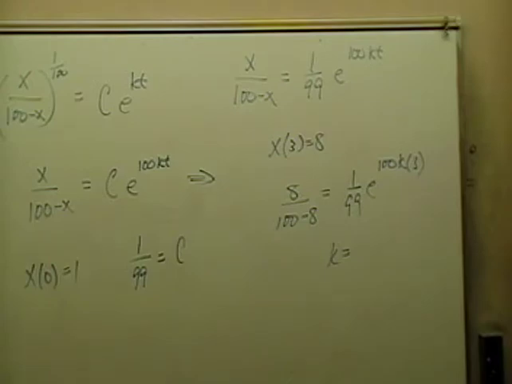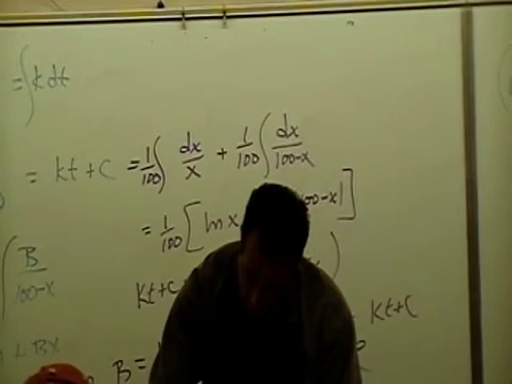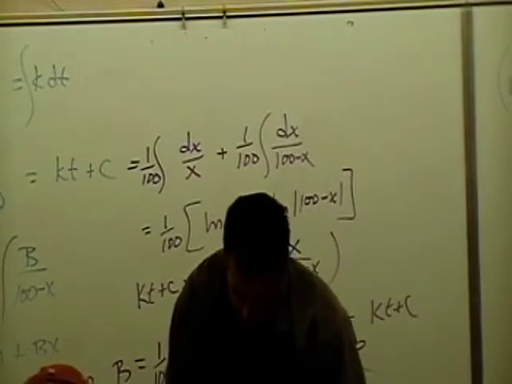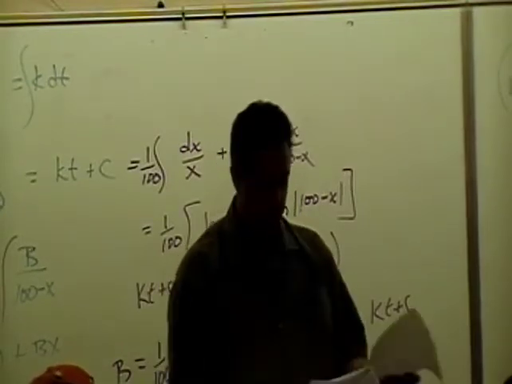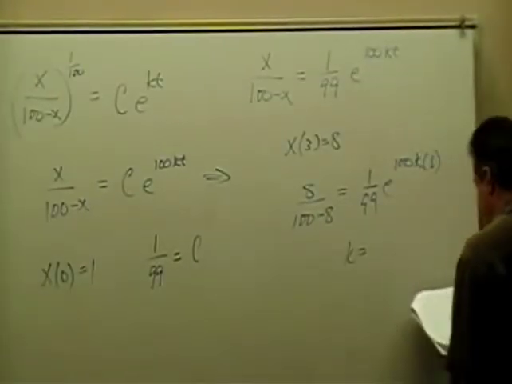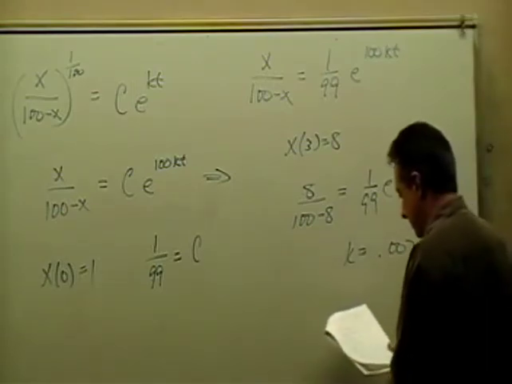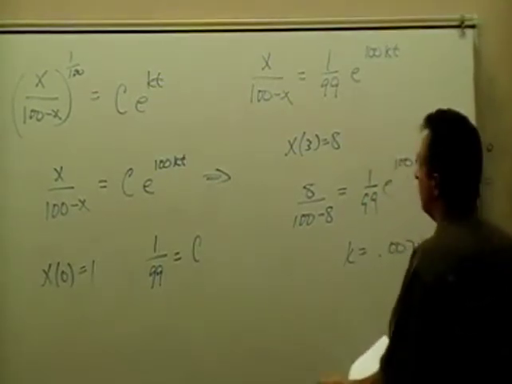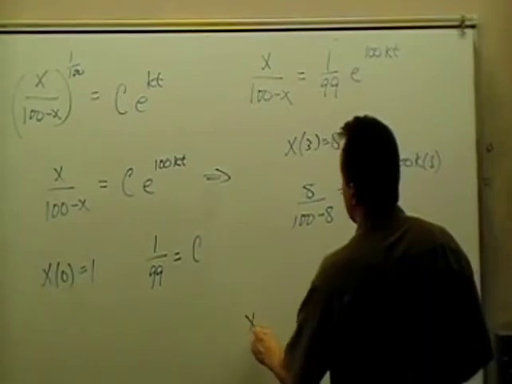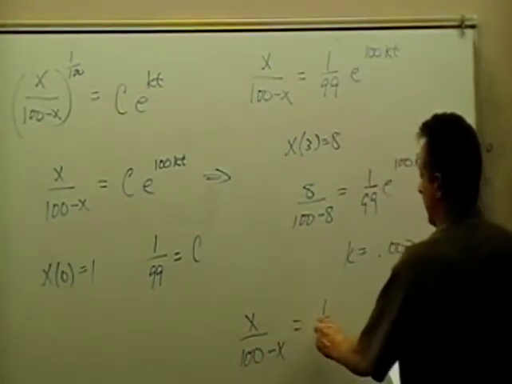Oh, this is a non-linear case, huh? We get k equaling 0.00718. So your differential equation ends up being x over (100 minus x) equaling 1/99.